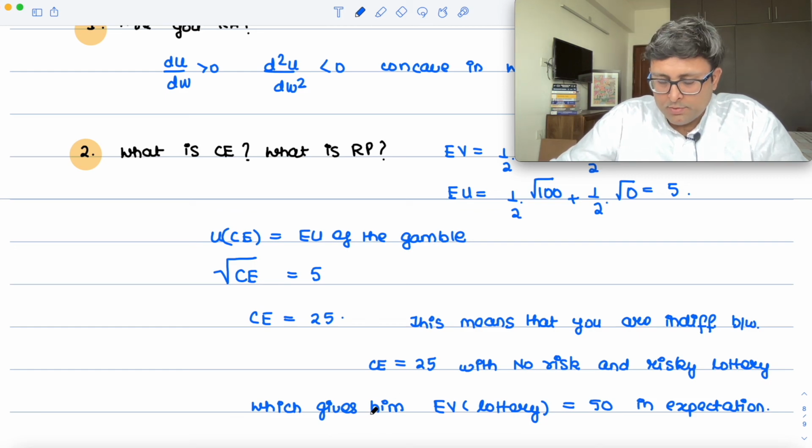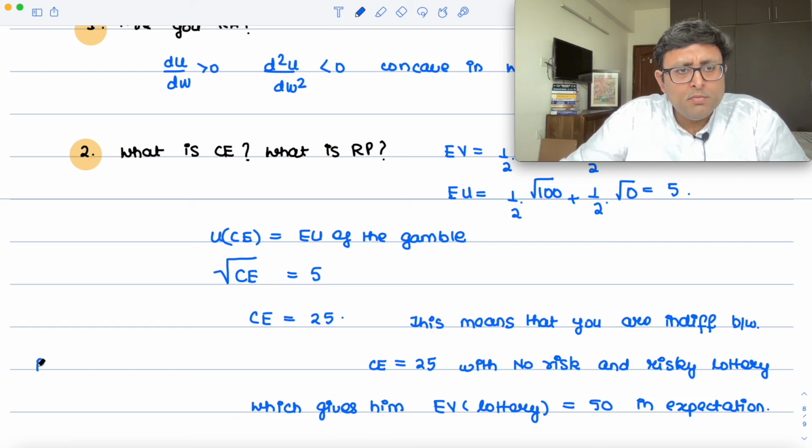Beta, right? And what is the risk premium? That is just your difference between the expected value of the gamble, which is 50, and the certainty equivalence, which is 25.